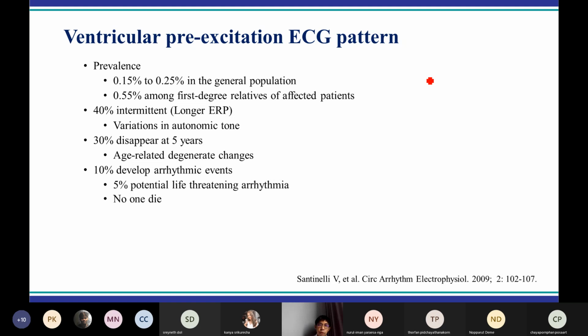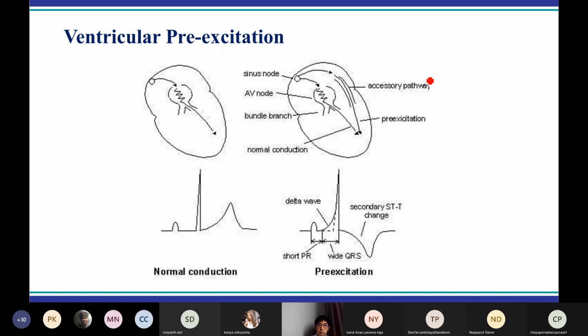You have to remember that this syndrome could lead to a life-threatening arrhythmia, such as atrial fibrillation with bypass tract. This is one of the most dangerous arrhythmias. Okay, so as I have mentioned before, this is the picture of a patient who has pre-excitation. The patient is in a normal sinus rhythm.